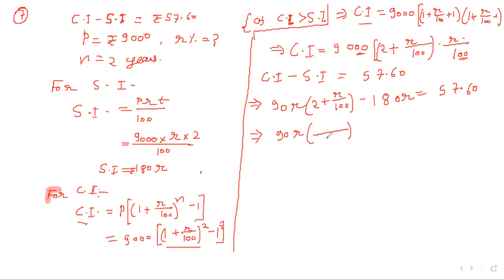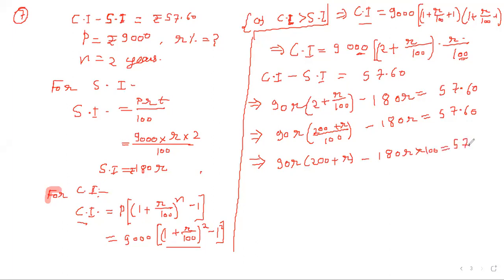90R into, if we take LCM as 100, it is 200 plus R, minus 180R equals 57.60. It implies when we multiply the whole equation by 100, in the first term 100 will be cancelled out. So it is 90R into 200 plus R minus 180R into 100 equals 57.60 into 100.